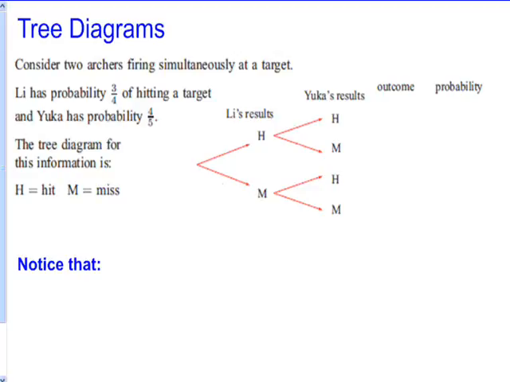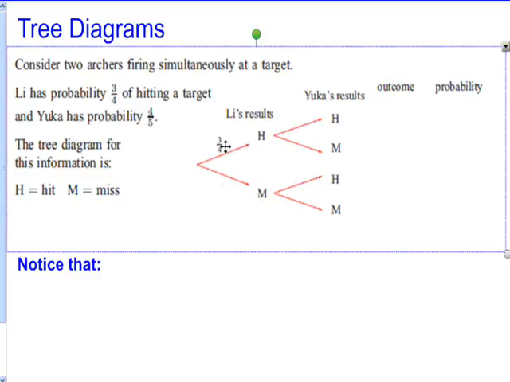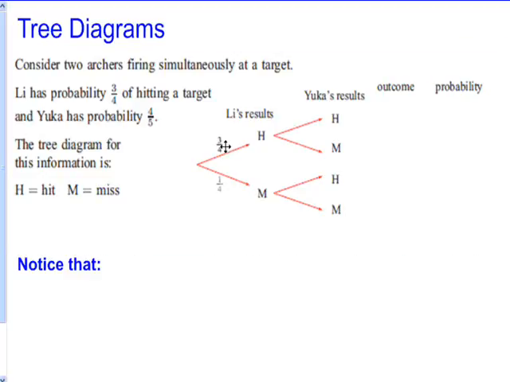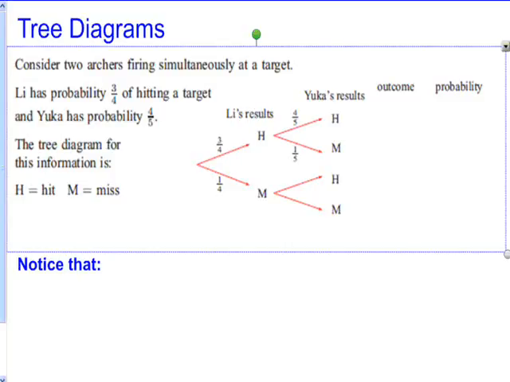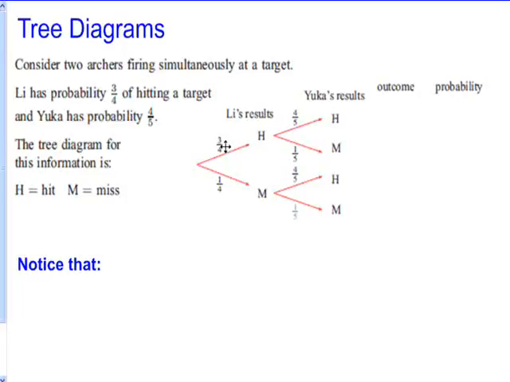Okay, so the probability of the first one hitting is 3/4, and then the probability of missing is 1/4. However, then we have to go off of each hit and miss off of the first ones. So we have probabilities of hitting and missing off of both the hits and miss.